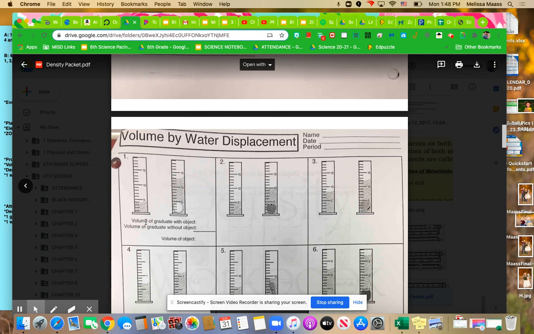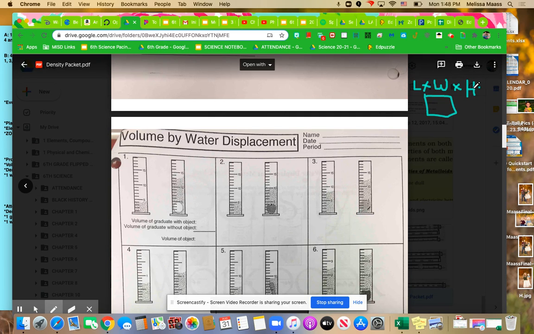So in that video, you learned, and I know from other kids in other years, that if you have a square or a rectangle, that's what's known as a perfect solid. You know to do length times width times height.